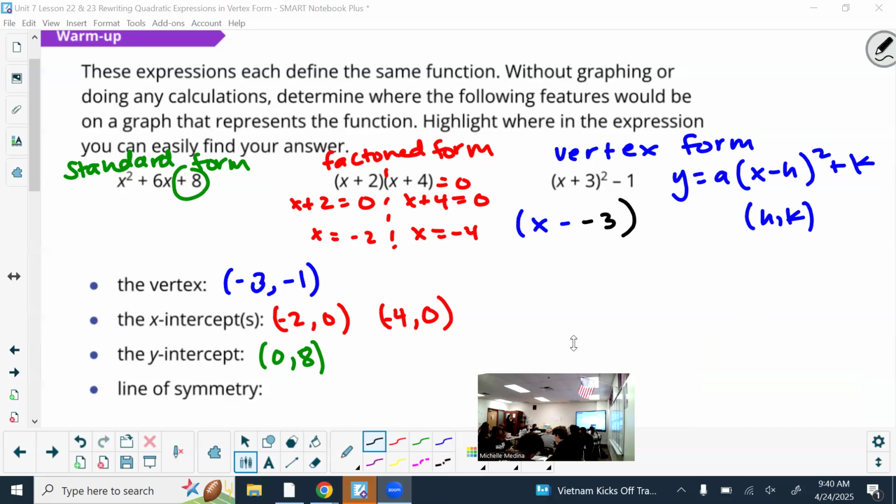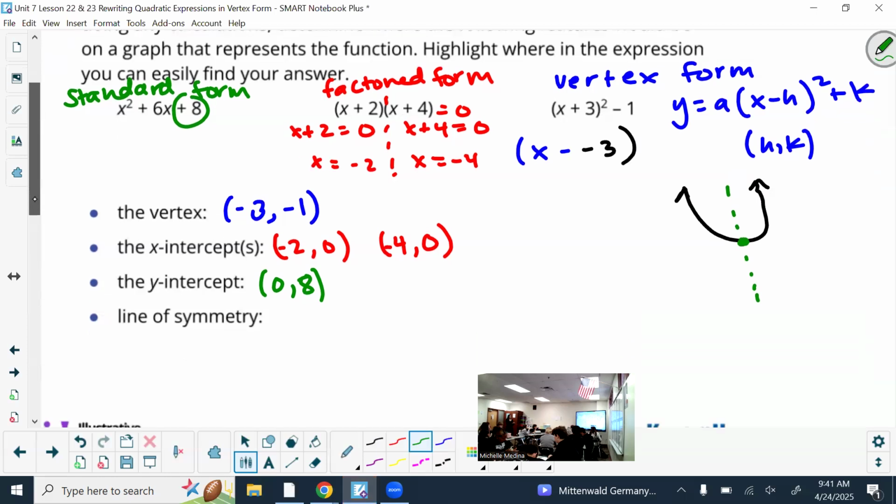So you're talking about the vertex, which is also in the middle of the quadratic, right? So the vertex is in the middle, and so is our line of symmetry. But our line of symmetry isn't necessarily a coordinate, it's an equation. You remember what that equation was that helped us find it?